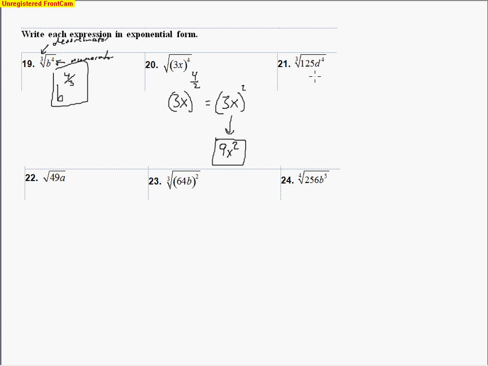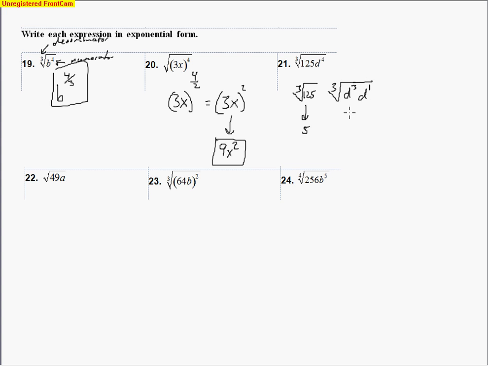So on the next one, we've got a cubic root of 125. I can take the cubic root of the 125, and I know that's going to end up being 5 because I've seen that before. Now the cubic root of d to the 4th, you want to break it down to perfect cubes, and we do have a perfect cube in d to the 4th. We have d to the 3rd. See, d to the 3rd times d to the 1st makes d to the 4th.